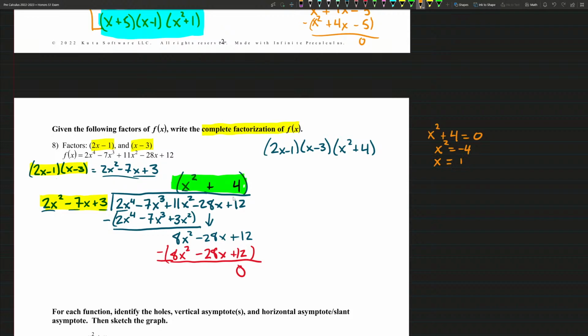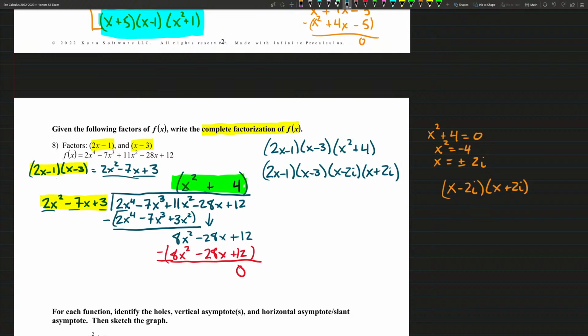So we'd get x is equal to plus or minus 2i. So we'd get x minus 2i and x plus 2i. So our complete factorization is 2x minus 1, x minus 3, x minus 2i, x plus 2i.